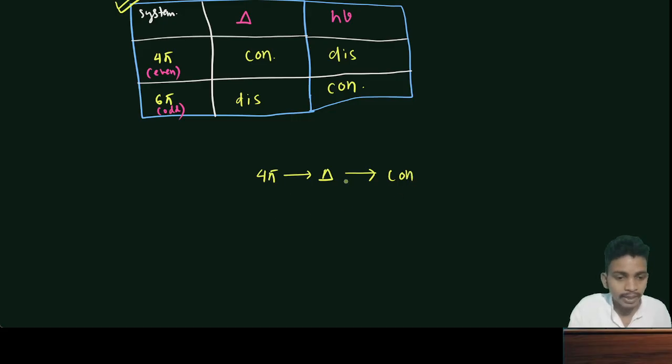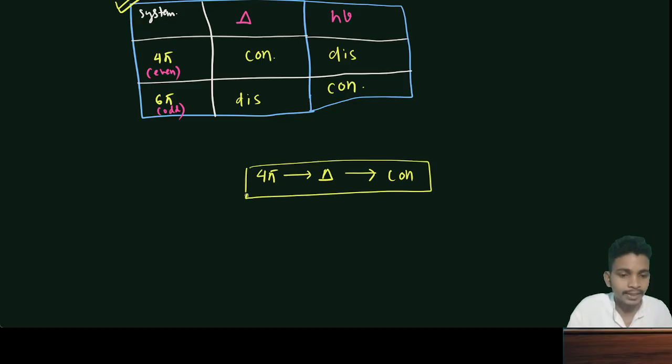Okay, so 4 pi heat con, that we can remember. Then the opposite: 4 pi, if photochemical condition, then that will be dis. If you remember one, then the other we automatically understand: if heat gives con, then the opposite, photochemical, should be dis.